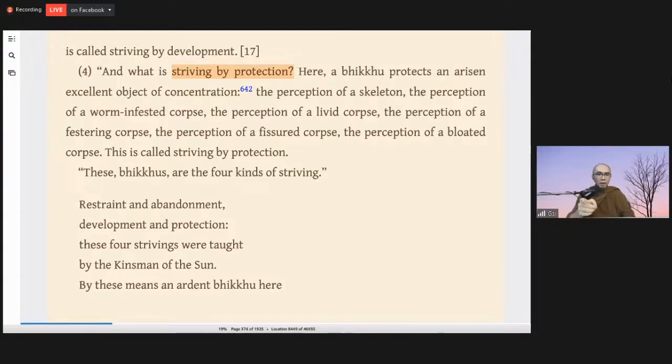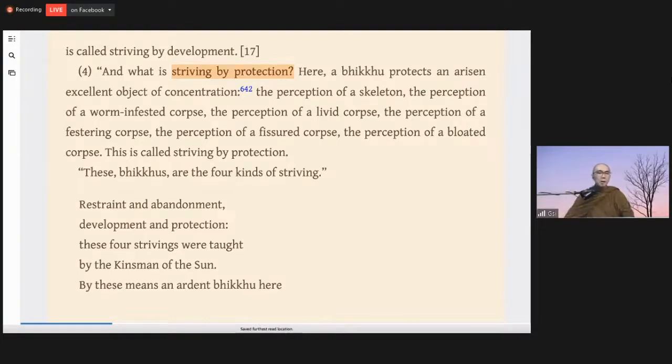Here, they are using the skeleton for most of the time as their main object, or the worm-infested corpse as their main object, in order to arouse non-attachment to the body. And it's good, because for monks or nuns, sometimes there are many who are attached to the body or attached to another. You see the beauty of a woman, see the beauty of a man.